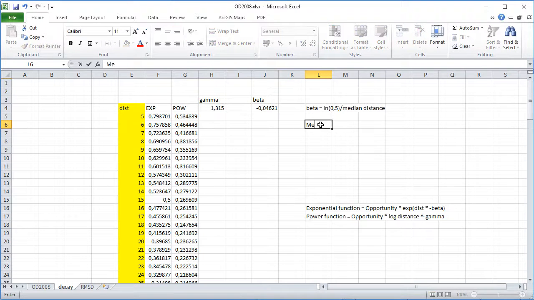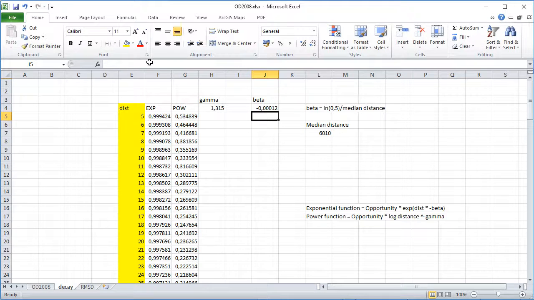And the median distance for the 2008 population is 6,010 meters, which means that it's easy for us to just replace that value with this one, and having something that is 0.00012, representing the beta value that we're going to use in the models from here on.